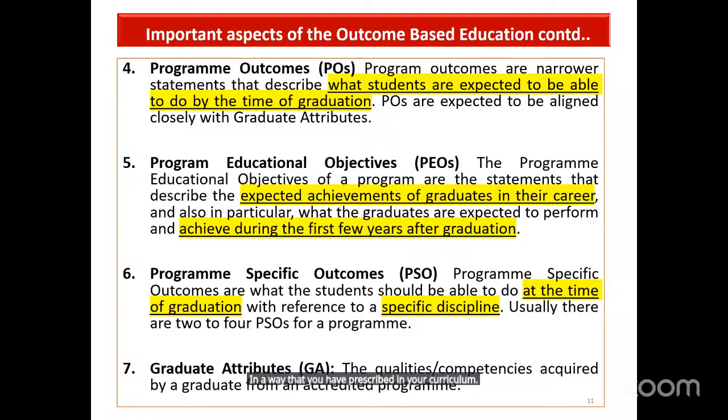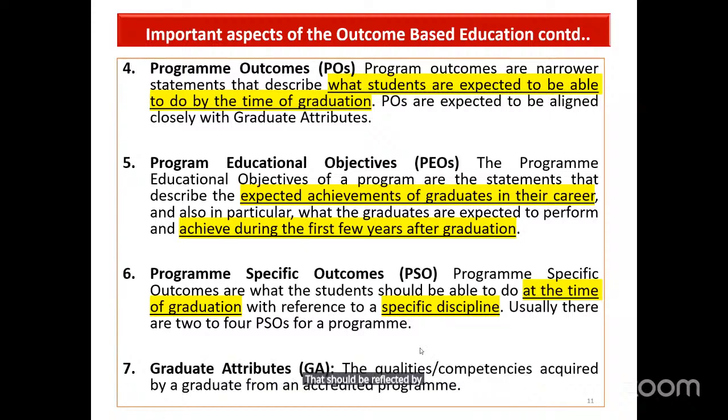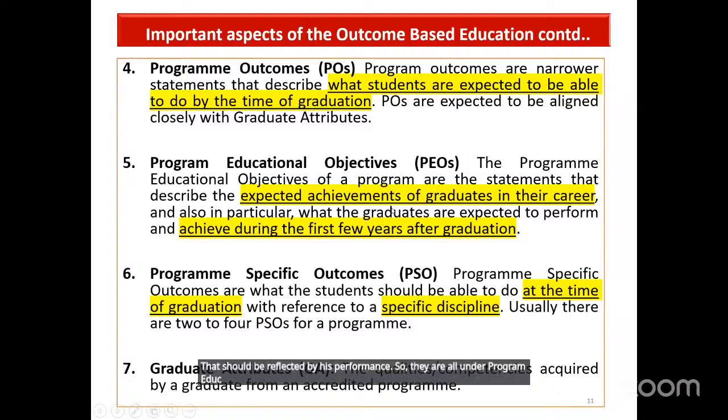You have a curriculum. We used to say that we have implemented a globally competent, global standard curriculum. As per the expectation in that curriculum, your student is relishing, your student is shining. That should be reflected by his performance. So they are all under program educational objectives.